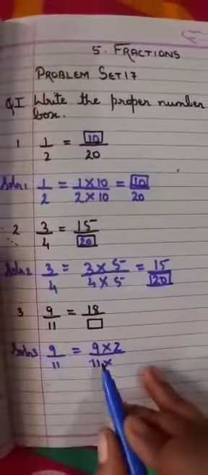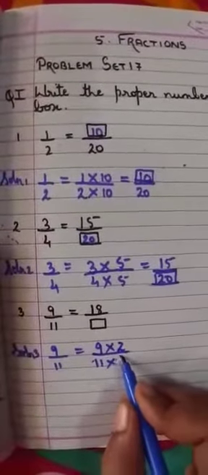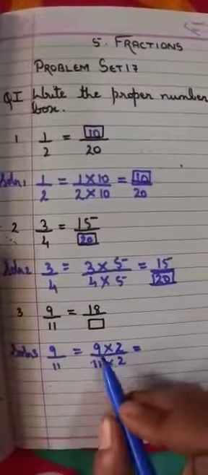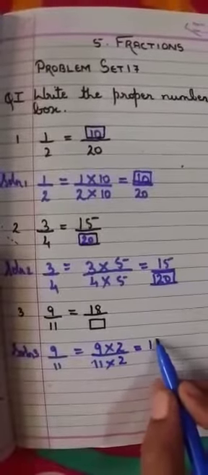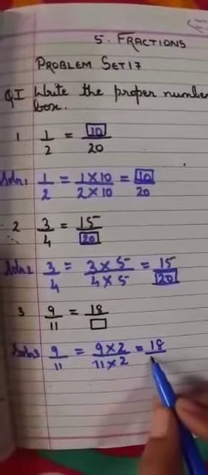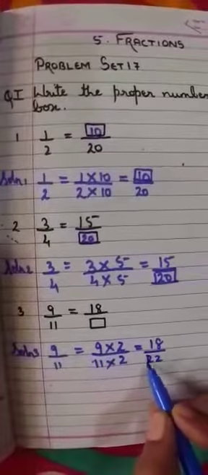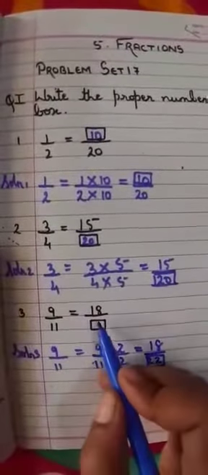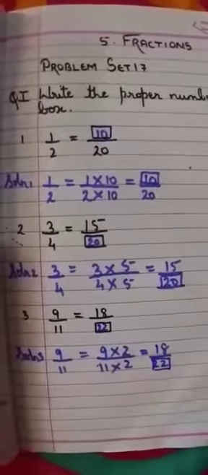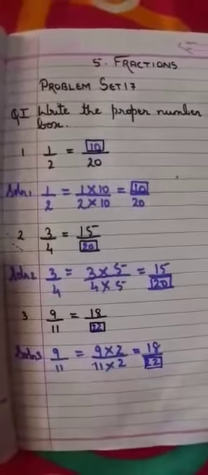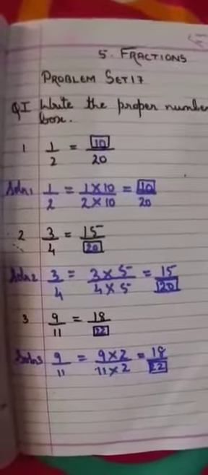So here we have to take the number again 2. So what we get the answer? 9 twos are 18 and 11 twos are 22. So here the answer will be 22. Understood? Very easy, no? So this chapter is very easy.